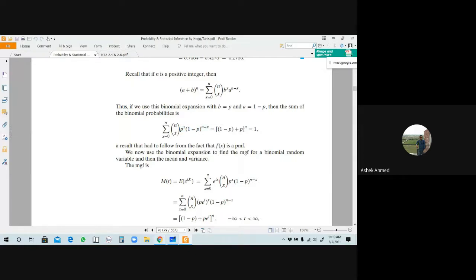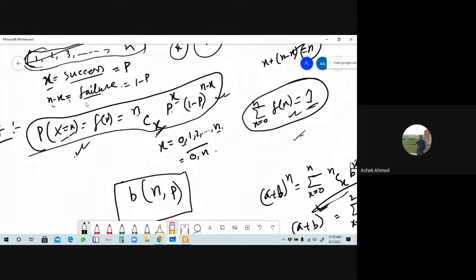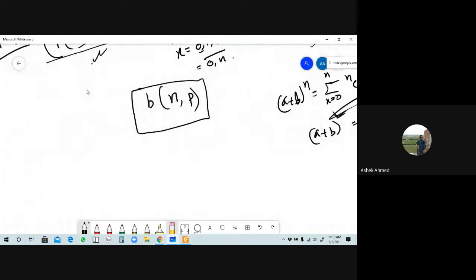Okay, so can you remember the exponential function? We know that y equals e to the power x or a to the power x, that was an exponential function. When a probability mass function is of exponential function type, in that case you can evaluate the mean and variance by using the moment generating function.